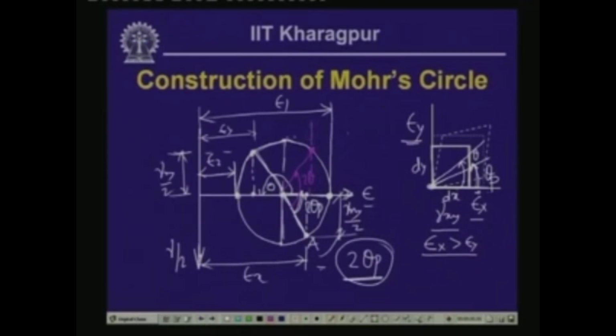So, this is the value of epsilon, the normal strain at theta, and this is the corresponding value of gamma theta by 2. And if we go in the opposite direction, the diametrically opposite point gives the value of epsilon theta y, so we have epsilon theta x and epsilon theta y, and correspondingly this value is gamma theta by 2.